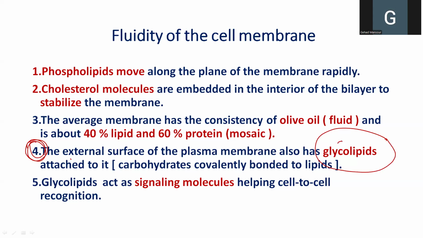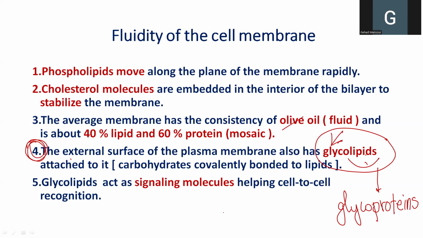A glycolipid is essentially a lipid molecule to which is attached a carbohydrate moiety. So it reminds us of the glycoproteins, like the ones that are present on the cell membrane of the red blood corpuscles, and that help in ABO blood grouping as well as RH grouping.